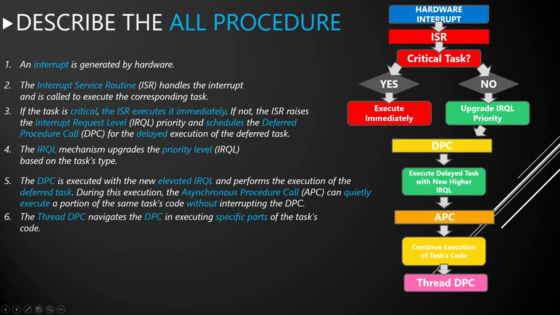After that, the APC will execute a part of the task, a part of the algorithm, and continue execution of the task's code, and the DPC will continue. The DPC navigates the DPC in executing specific parts of the task's code. So that's the whole procedure if we combine all these mechanisms together, because all these mechanisms work together.